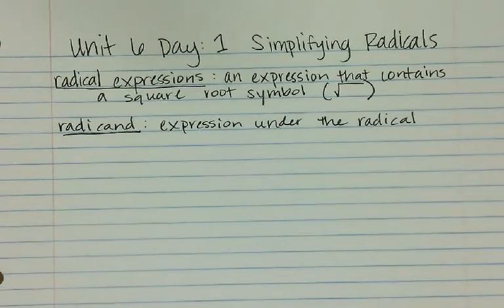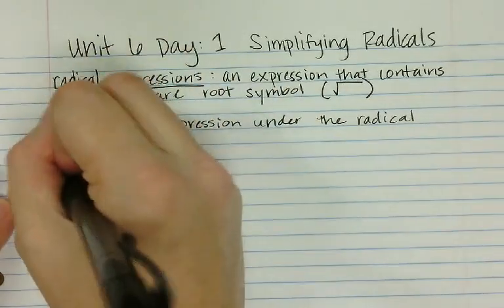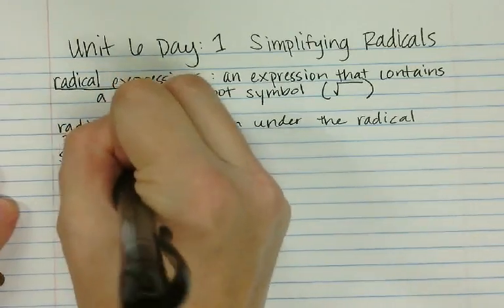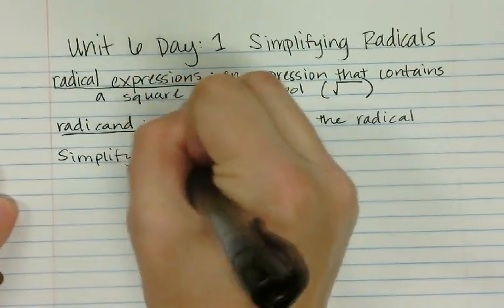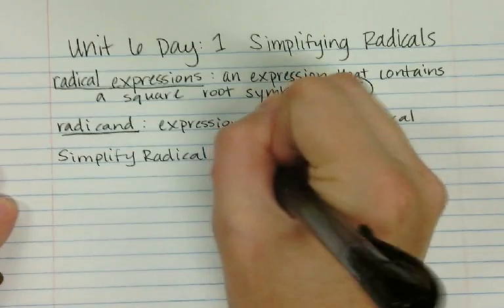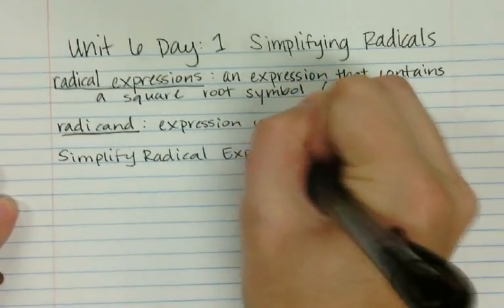And guys, there's going to be some important things that we'll discuss. We're going to talk about our perfect squares and some other fun things. But guys, when you simplify radical expressions, there's a few rules that we will need to follow.